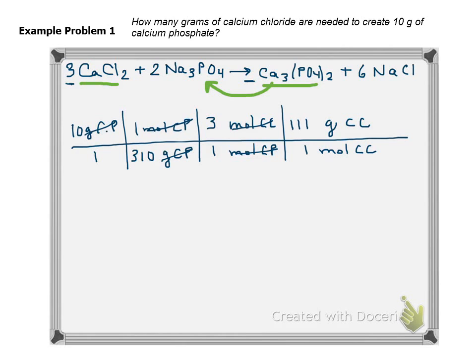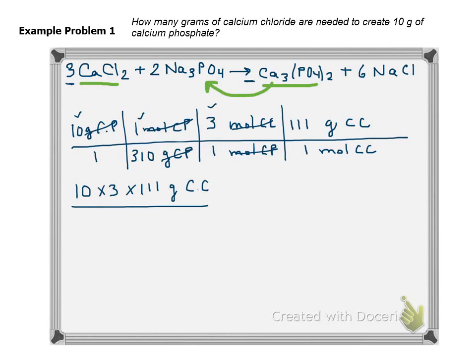Once again, we're going to multiply across all of our numerators. So we have 10 times 1 times 3 times 111. The unit left is grams of calcium chloride.